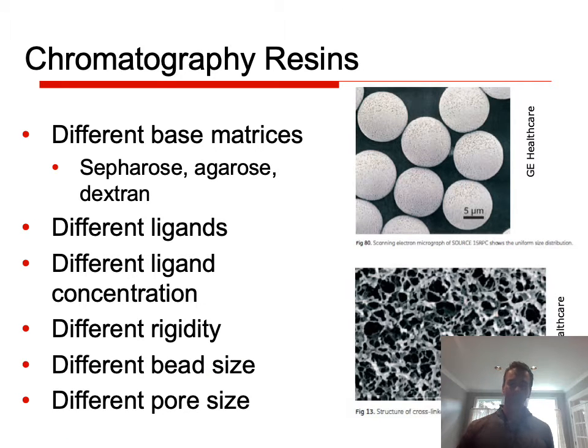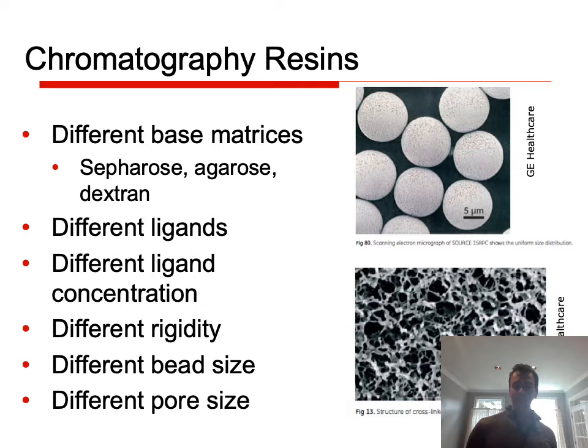But first, let's talk a little bit about the resin. The resin itself is based on different matrices. The resins you can buy from commercial vendors like GE Healthcare, you can get conjugated resins. There's all kinds of different flavors you can buy now, but typically they're some sort of saccharose, agarose, or dextran based. Again, they can come with different ligands on them, different concentrations of ligands.